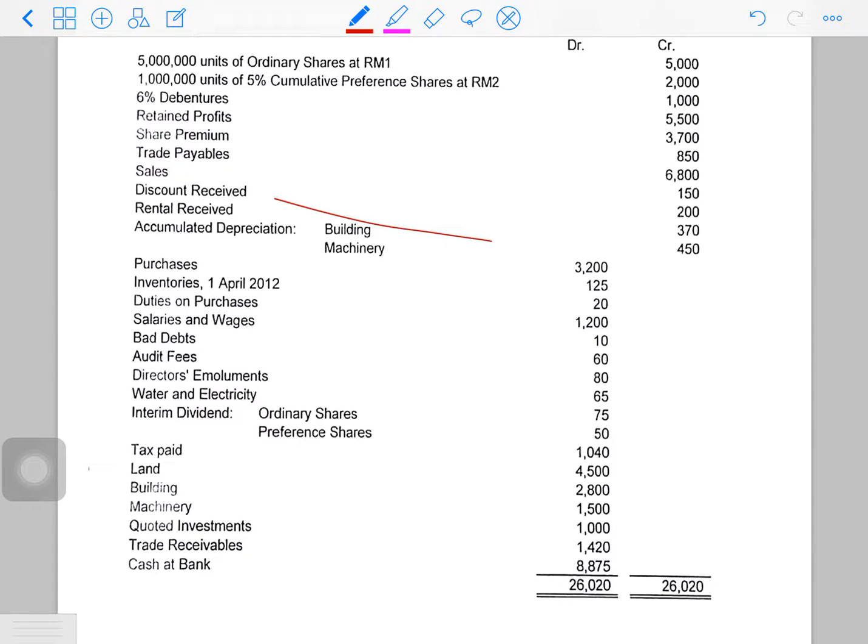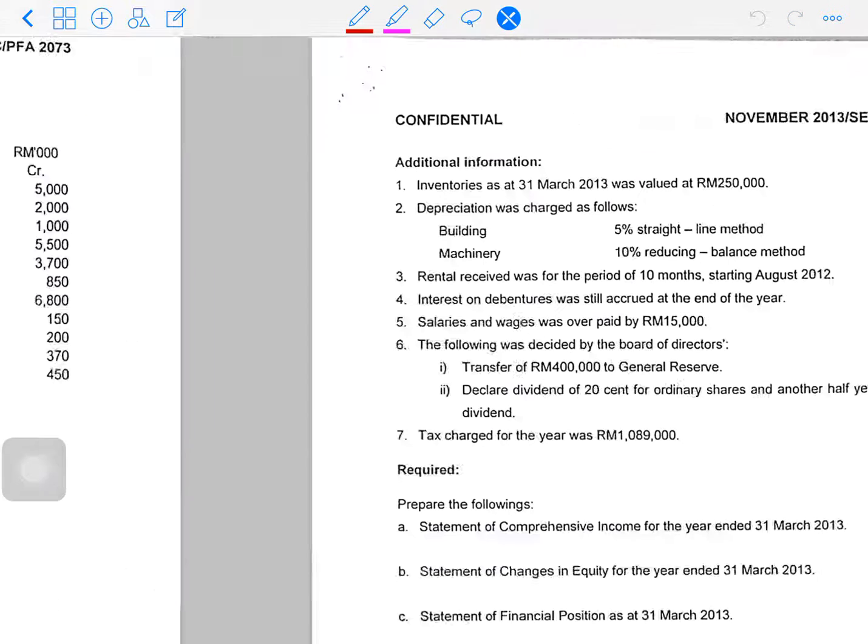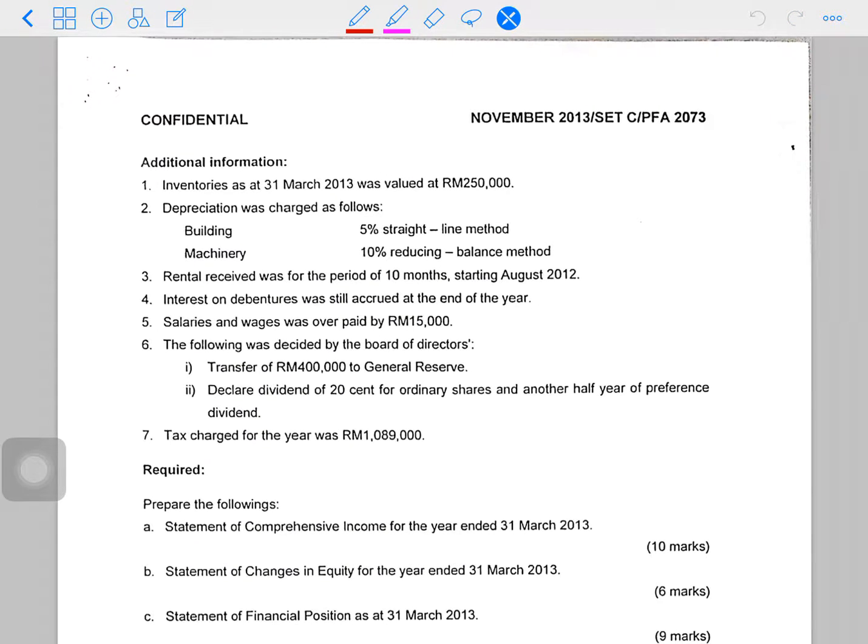And the second part of the question, they will give you additional information, normally 1 to up to 7 or 9 items. You need to record this additional information first, and then do some adjustments before you prepare the statement of financial position, statement of comprehensive income, and statement of changes in equity.